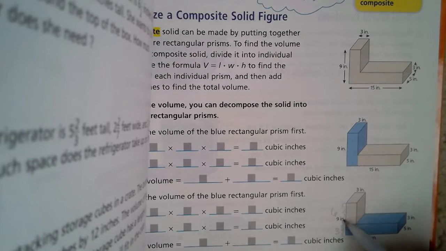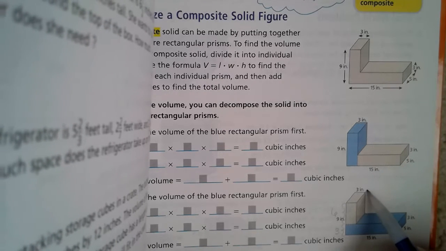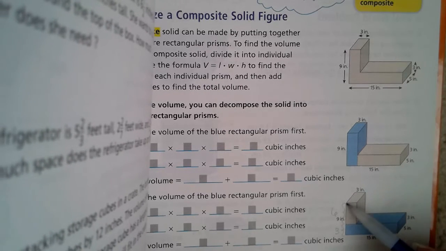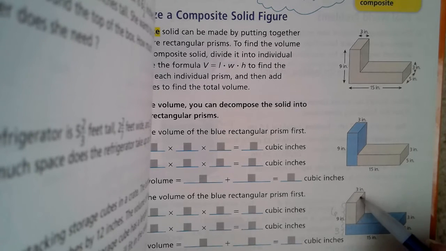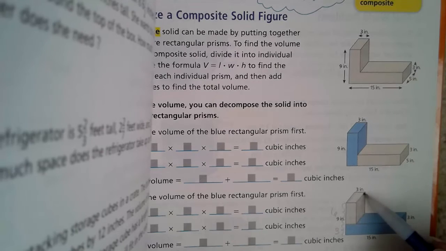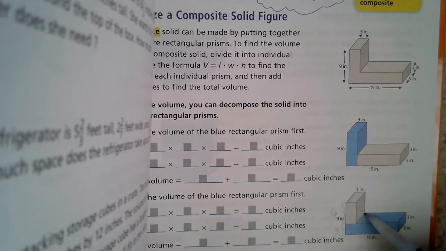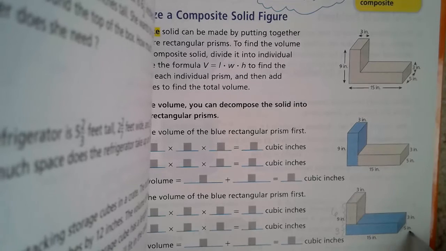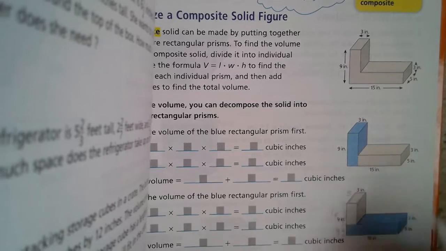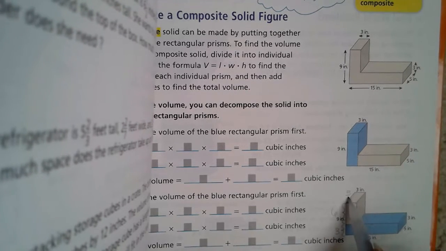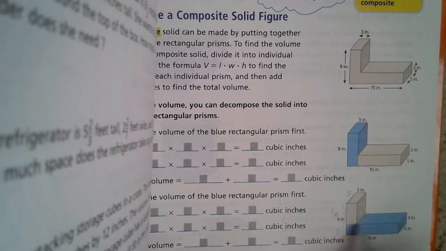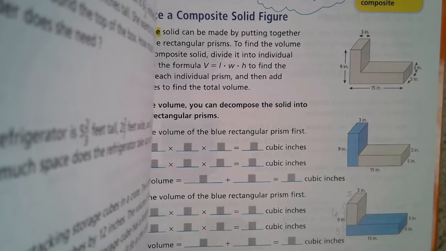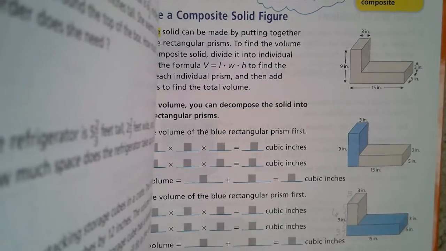So now I've got 6 by 3 by what is that one? So I need to look. I've got a line that goes that way, so I'm looking at my lines that are going the same way. That one, that one, that one. Oh, look, this one says it's 5. So I would do 6 times 5 times 3 and find out that one. And then I have to add the blue one to the tan or beige one.